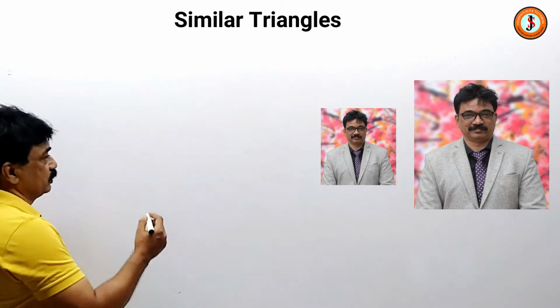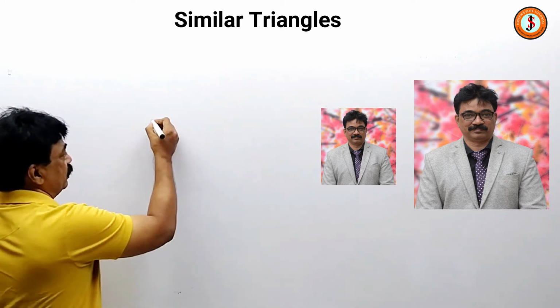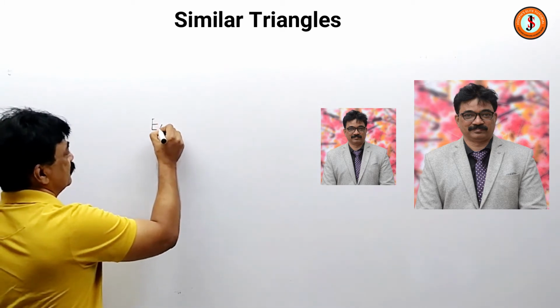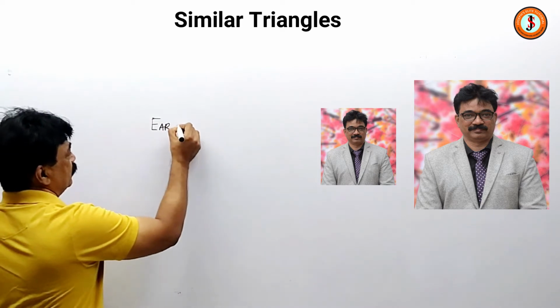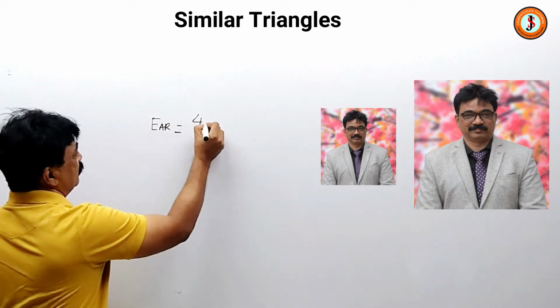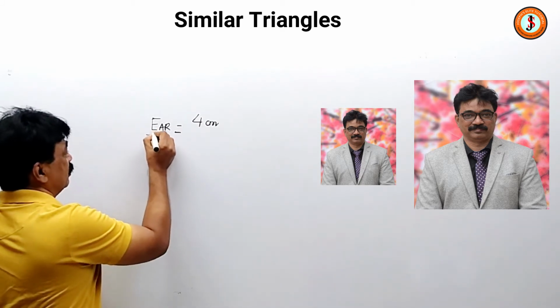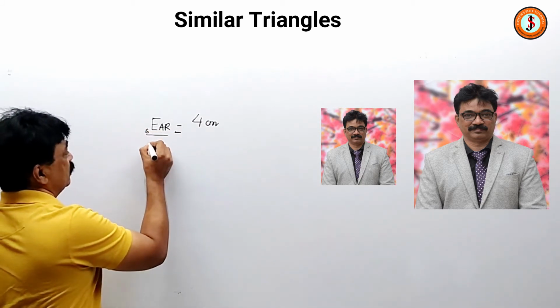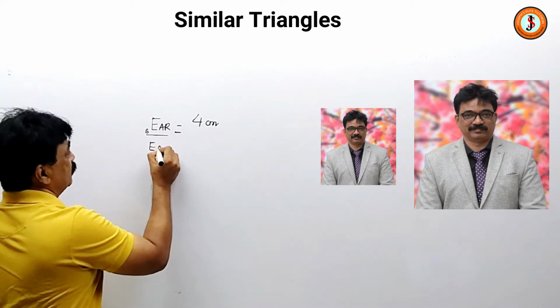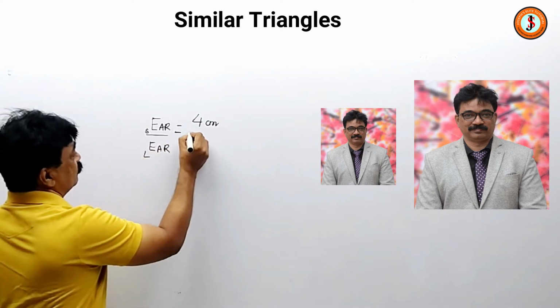So now I ask you a question. Looking at the photo over here, if my ear is 4 centimeter in the smaller photo, what will the ear be in the larger photo?